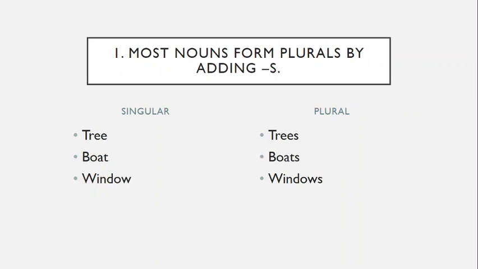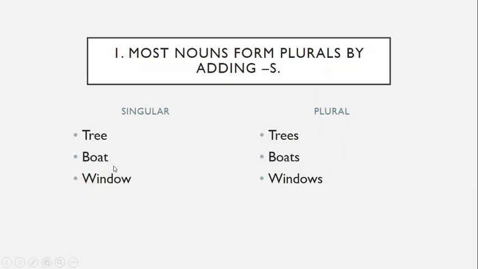Okay, number one rule for making the plural from the singular is that there are a lot of nouns that take only s and form their plurals. Most nouns form plurals by adding s. It means simply you add the s at the end of the word and it becomes plural. For example, here is tree. Tree is singular and you only add s and it becomes plural. Tree, trees.